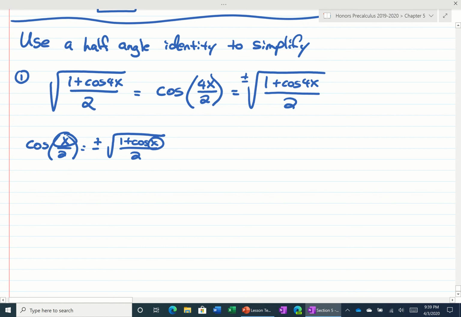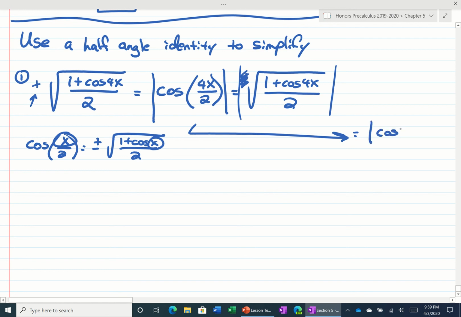So the way that we could force it to be positive, because that's what the problem is, we could just put absolute value right here, saying that whatever the formula is, if you put absolute value, that would disregard this plus or minus and keep it positive, which is what the problem is. So our final answer for this, and I'll show you another one to help you understand. 4x divided by 2 is just 2x, so the answer would be the absolute value of the cosine of 2x.